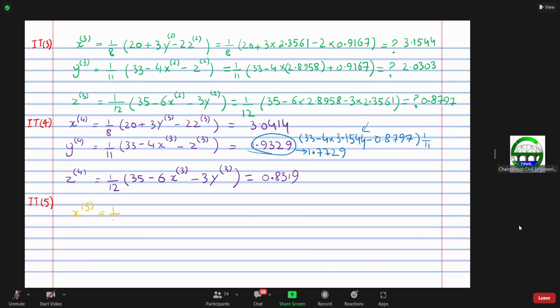It will be x5 equals 1 by 8, 20 plus 3 y iteration number 4 minus 2z iteration number 4, and y5 is equal to 1 by 11, 33 minus 4x iteration number 4 minus z iteration number 4, and then z5 is equal to 1 by 12, 35 minus 6x iteration number 4 minus 3y iteration number 4.